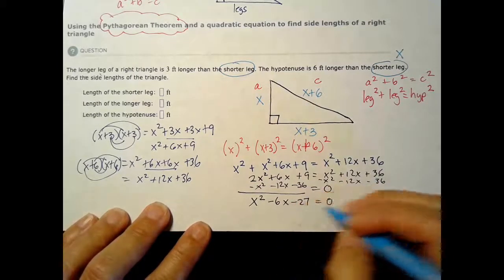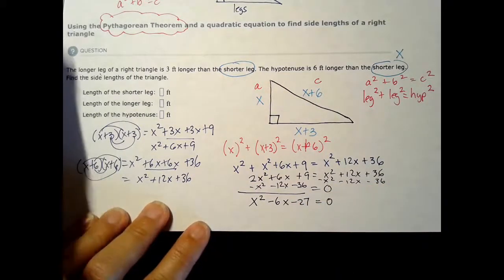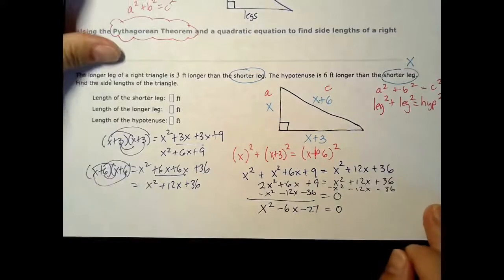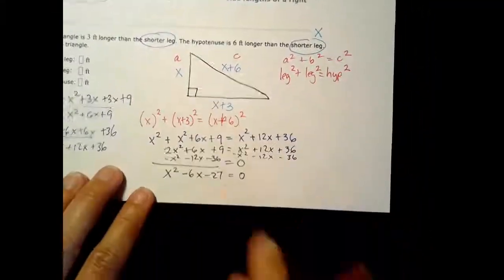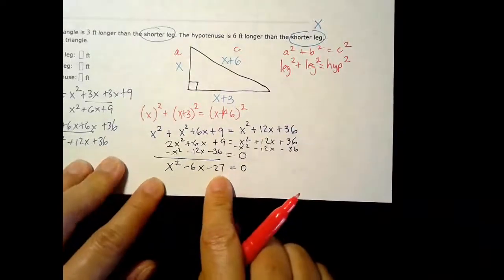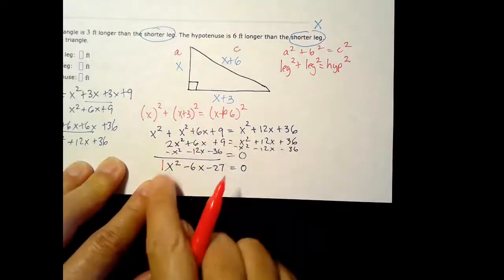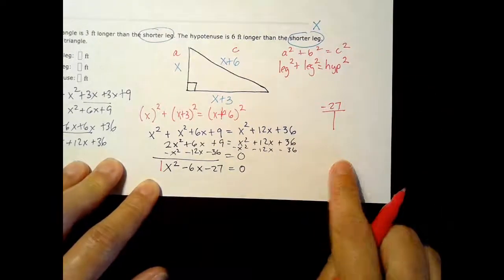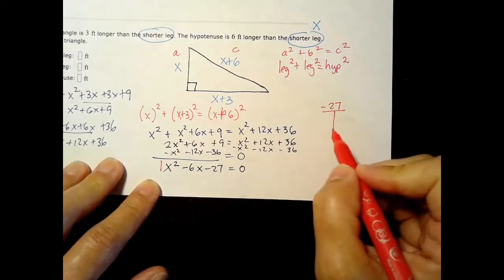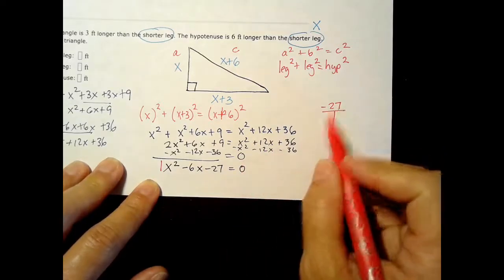So how do I factor this one? In one of my earlier videos, I think I showed you guys my box method. And that's the way I like to do it. You can do any of them using the box method. So right here is a 1, and 1 times negative 27 is negative 27. And so now I have to come up with things that multiply together to make negative 27.